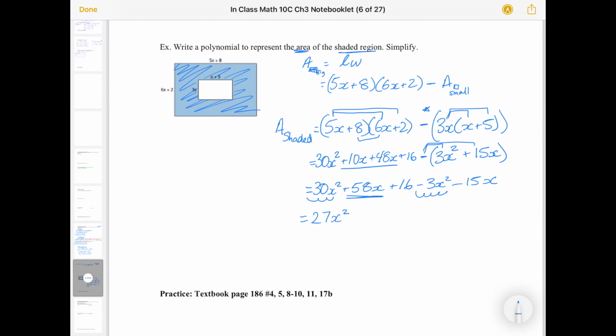And now I've got plus 58x minus 15x. So I need to do my 58 minus 15, and I'll get 43x, so plus 43x, and there's only the plus 16. So this is going to be the polynomial of the area of just the shaded region of these rectangles. So again, I needed to find the area of the big, and subtract from that the area of the small one.